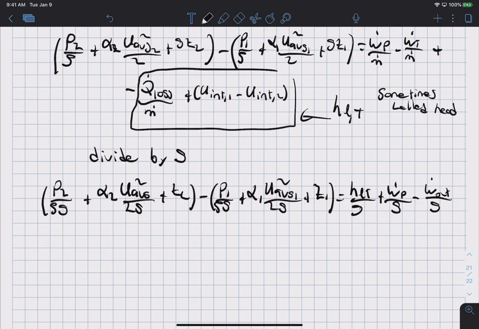Okay, and this should have a negative sign here. Okay, and I'm going to call this HL over g as cap HL T, and this is called the head loss. Okay, and it has units of length.